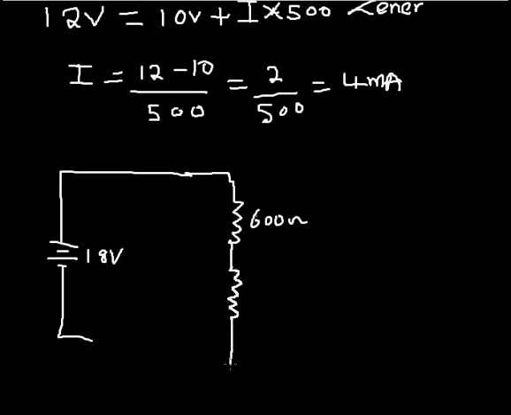This resistor is R1, while this one is R2. This one here is 1800 ohms. Then across the resistor R2, I'll connect a Zener diode.